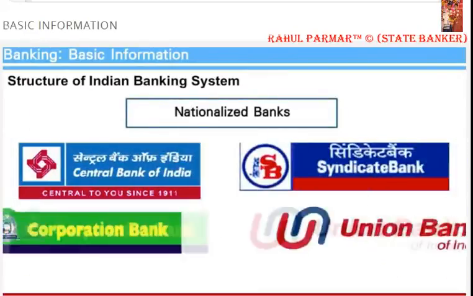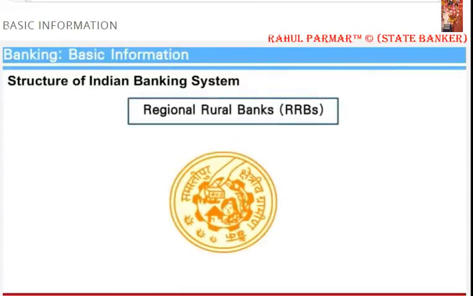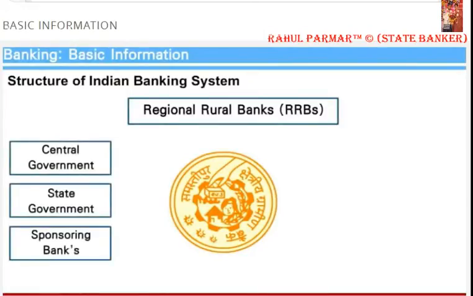Nationalized banks initially started as commercial banks. In the year 1969, Government of India nationalized the top 14 commercial banks, and in the year 1980, 6 more commercial banks were nationalized. Regional Rural Banks, in short RRBs, are promoted by the Central Government of India, State Government, and sponsoring banks, focusing on making banking services available to the rural population.